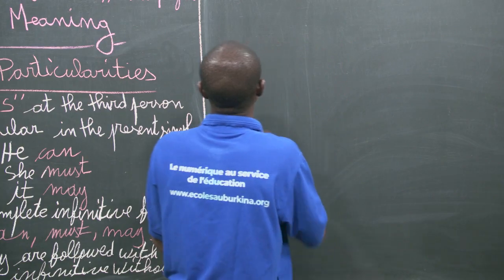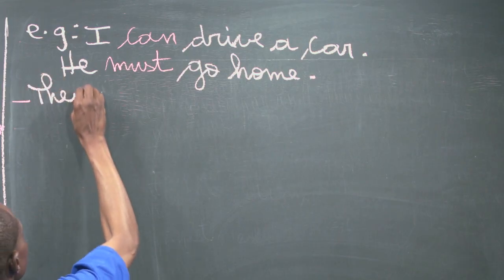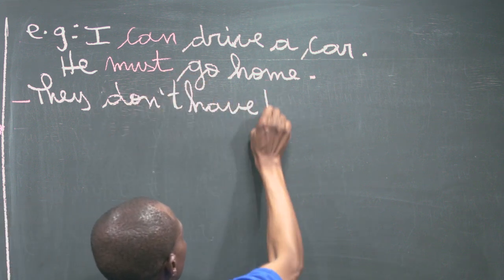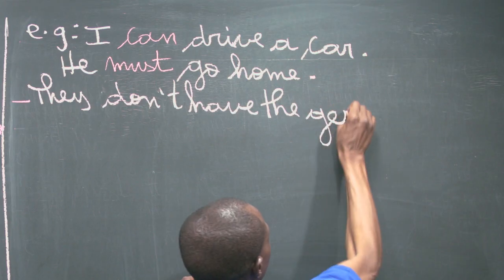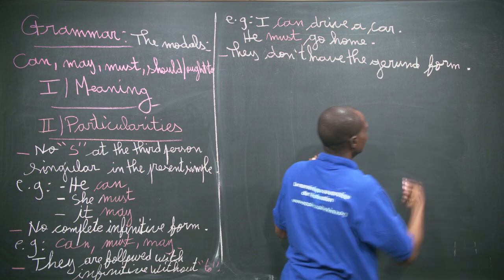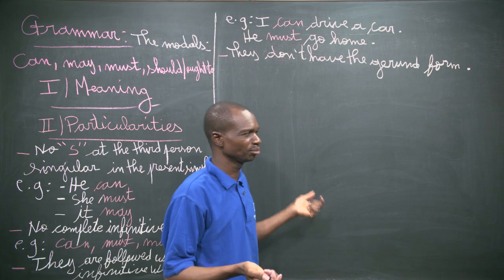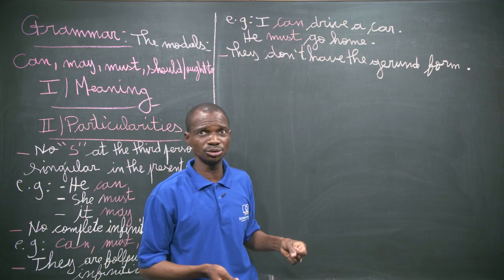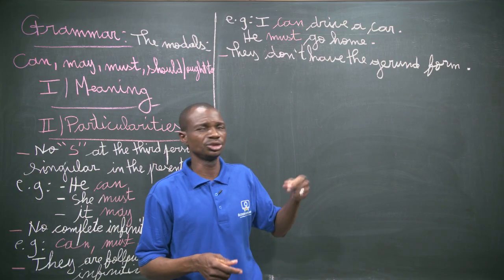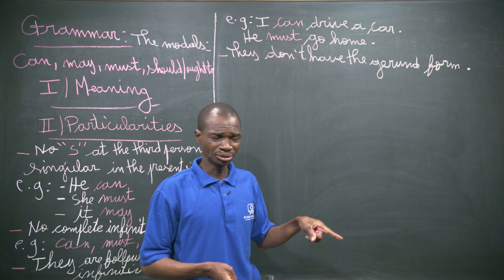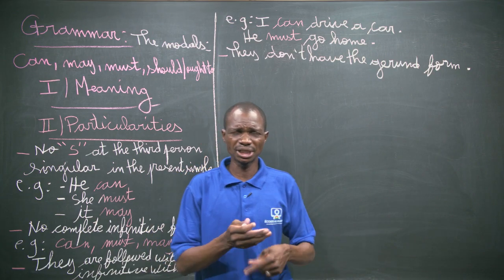They don't have the gerund form. We cannot give an example with a modal auxiliary because it's not possible to say musting or canning. They don't have the gerund form, and they also don't have the past participle form.